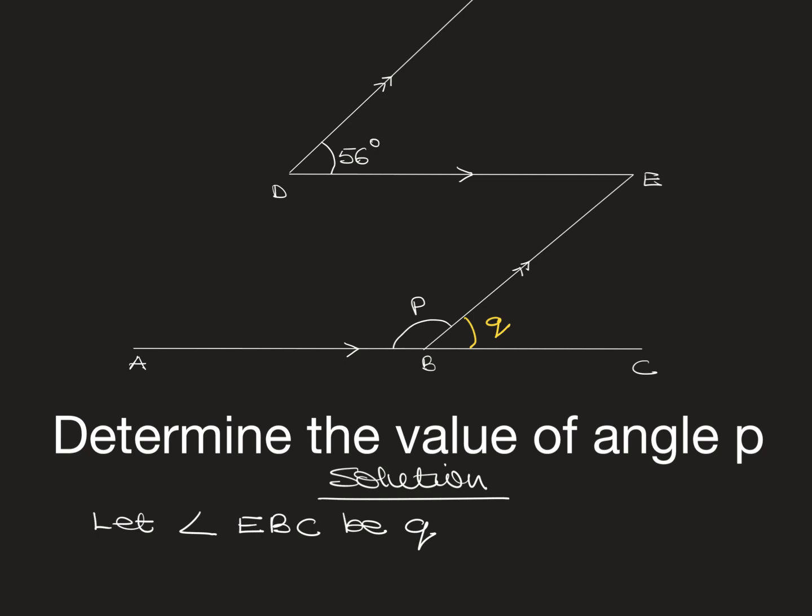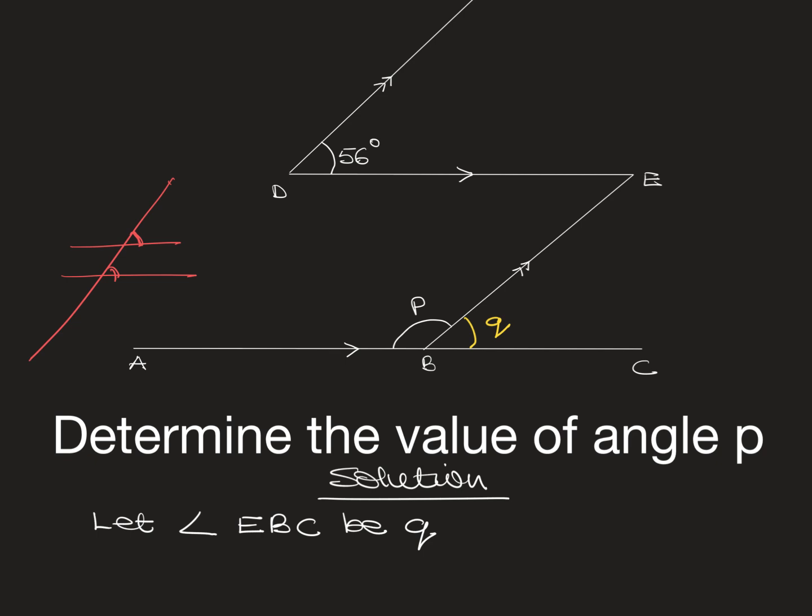They are corresponding angles. Okay, if you can recall from our previous video, we said that if you have two parallel lines, then they are separated by a transversal. This angle here is equal to this angle because they are corresponding angles.